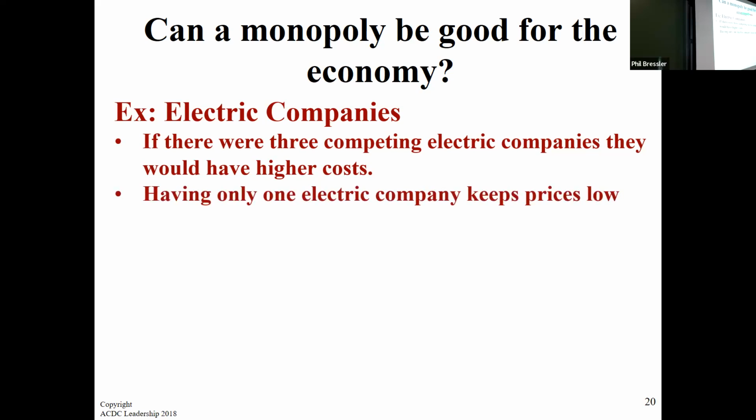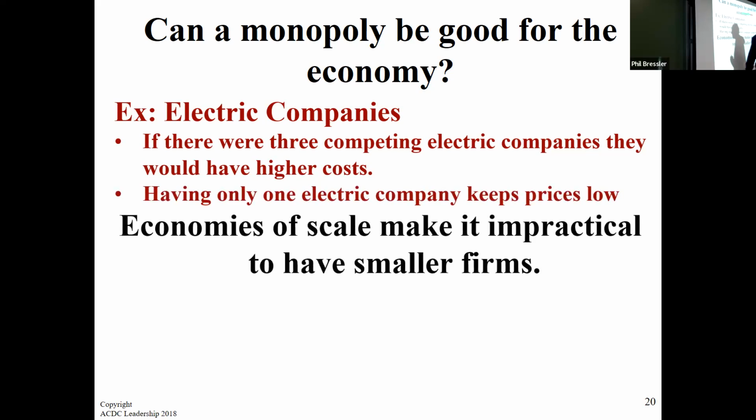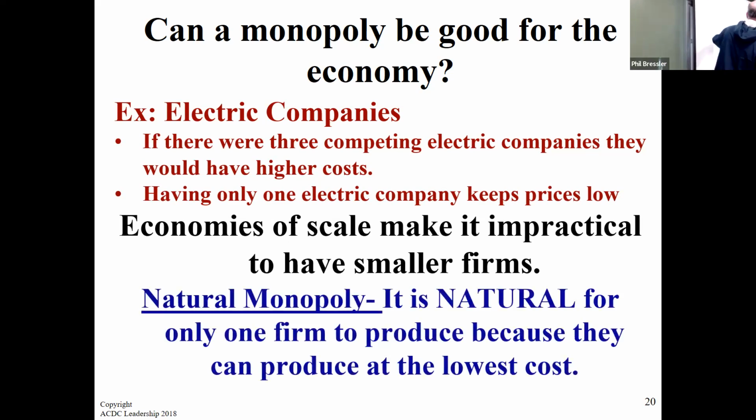So having one keeps the prices low. Economies of scale make it impractical to have smaller firms. So like the electric company, where one company serves the market better, is called the natural monopoly. It's natural, only one firm to produce because they could produce at the lowest cost.